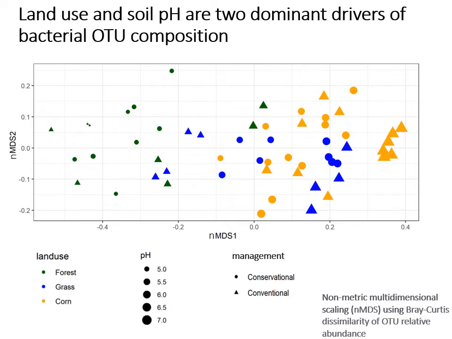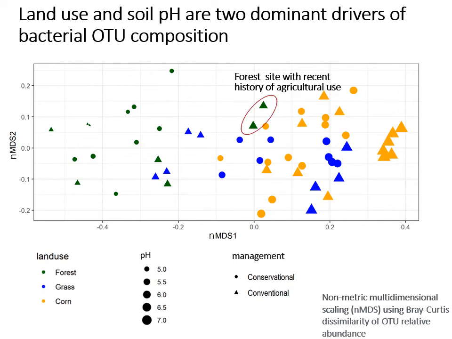When we look at the details of the OTU compositions, we saw that land use is the main factor that separates the bacterial communities. However, pH is an important covariate. As you can see, the size of different symbols represent different pH values, and forest sites are normally low in pH, and croplands generally have higher pH.